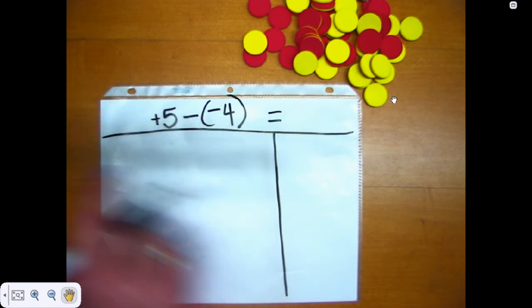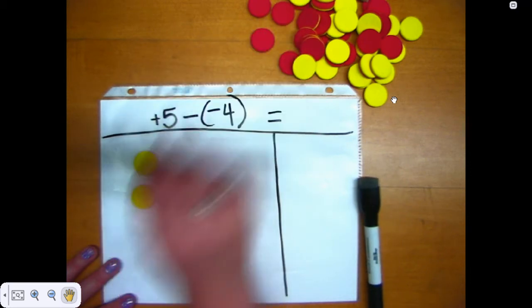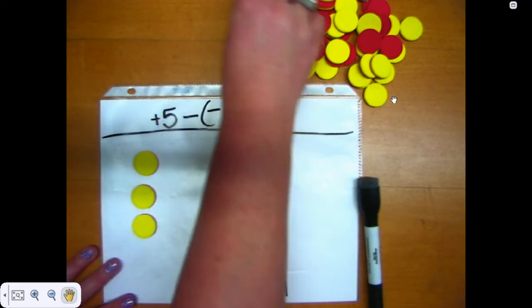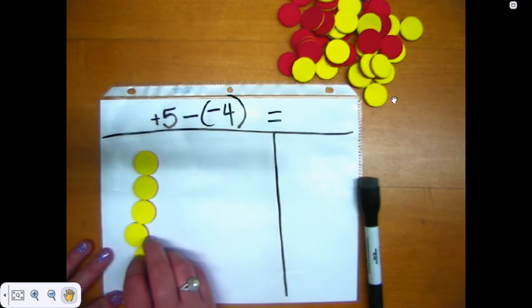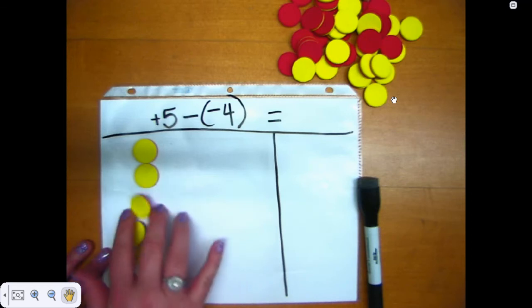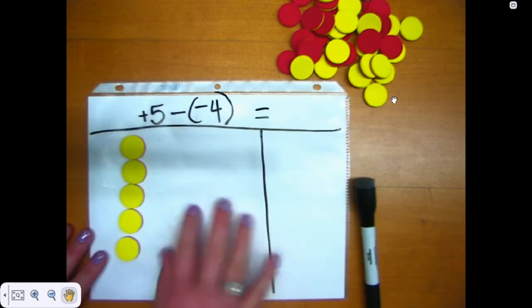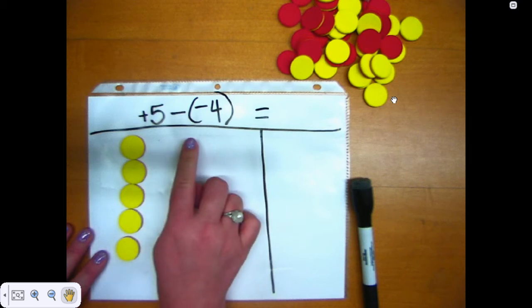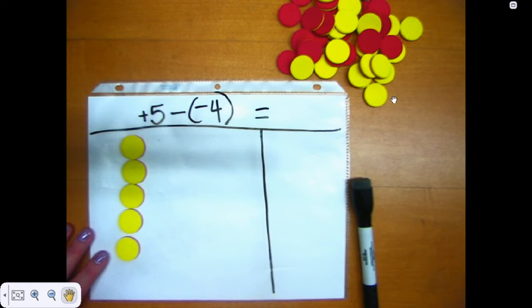So let's model that. We have positive 5: 1, 2, 3, 4, 5. And we want to take away negative 4. Do I have negative 4 here?